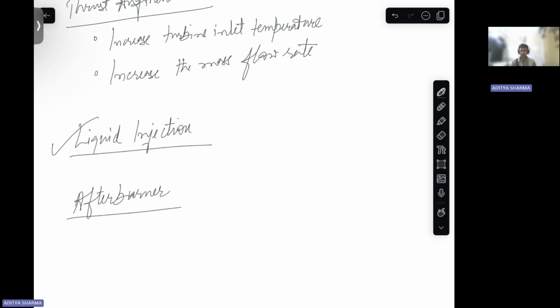And what are the liquids used here? Two liquids have been mentioned: methanol and ethanol.